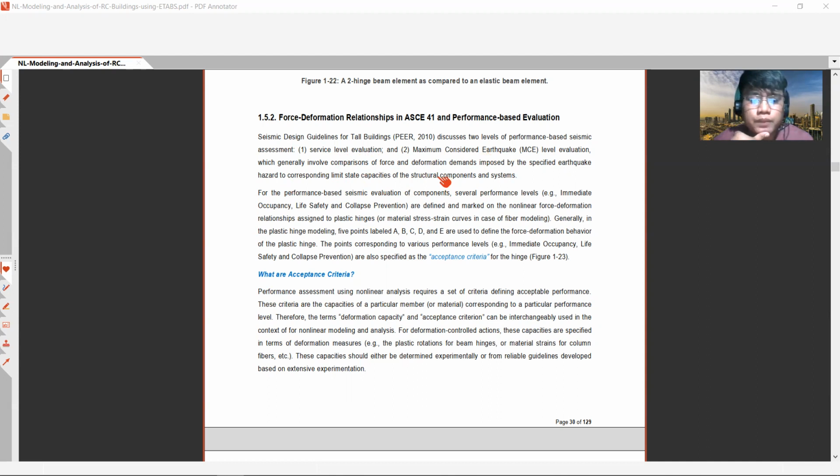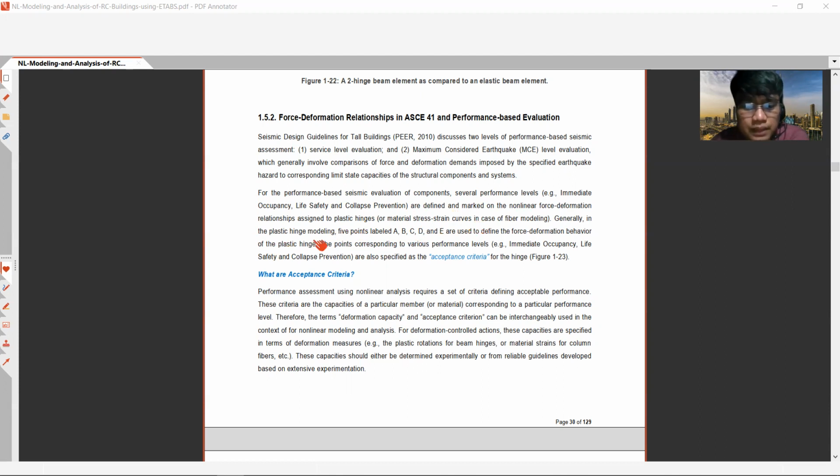For the performance-based evaluation of components, the several performance levels such as immediate occupancy, life safety, and collapse prevention are defined and marked on the nonlinear force deformation relationship assigned to the plastic hinges. These are the material stress strain curves in the case of fiber modeling.